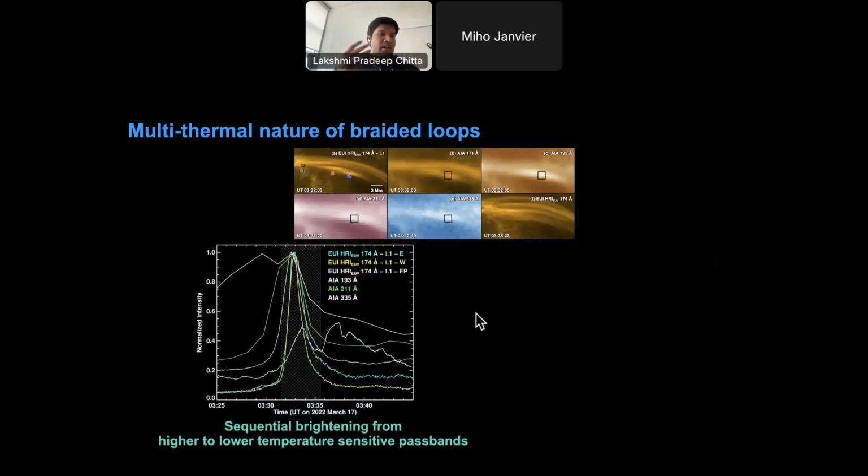Now, here are some specifics of how one might further analyze this event. So what we are looking at here is basically, if we capture a particular region, in this case, a small region surrounded by this black box, and then calculate the total light coming from that particular region and plot it as a function of time, what we get is a so-called light curve, and those are the light curves plotted for these different pass bands.